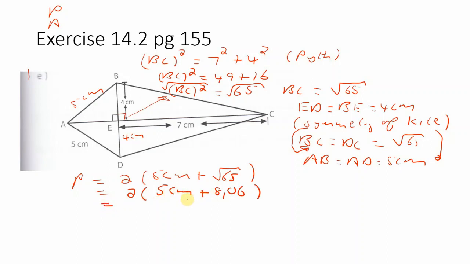So 8 plus 5 is 13, so we have 2 times 13.06 centimeter. Now both of these are centimeters. So we obtain 26.12 centimeter.